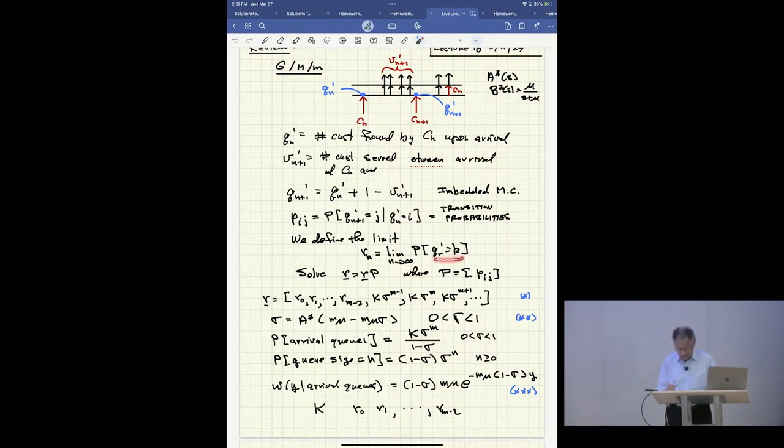The limit of that is this equilibrium probability, R sub k. If we put those r's into a vector, denoted by r with a vector sign below, our job, as we pointed out last time, is to solve the system of equations r equals rP, which is very much like pi equals pi P, where the transition probability matrix is defined as this.